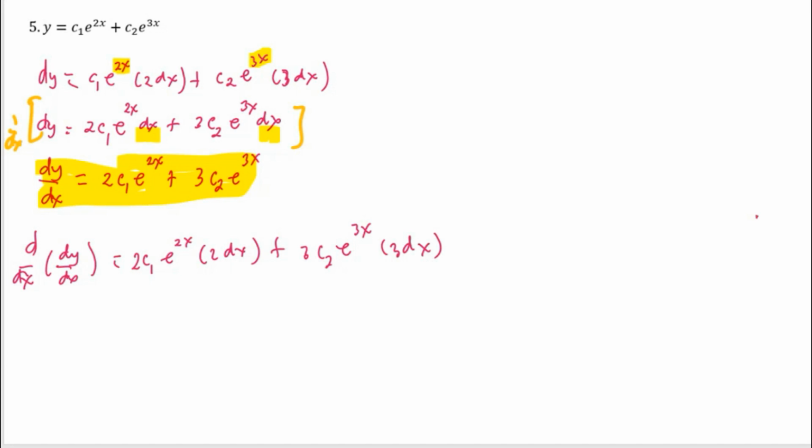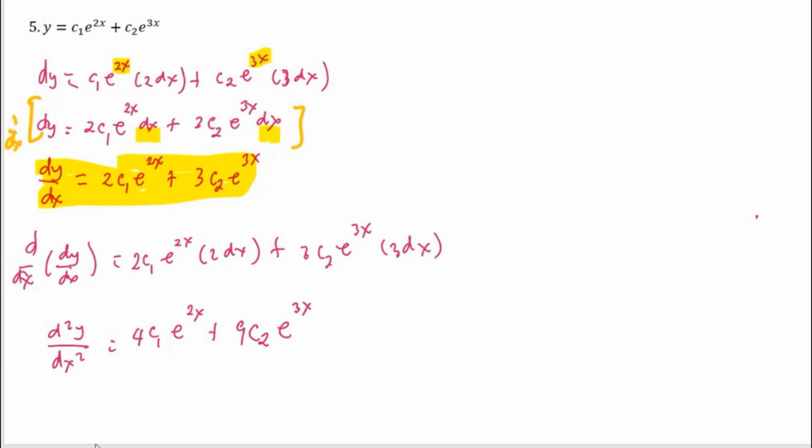Simplifying, the left hand side becomes d squared y over dx squared, which is equal to 2 times 2c1, so we have 4 c sub 1 of e raised to 2x, plus, on the second term, 3 times 3 is 9, so we have 9 of c sub 2 of e raised to 3x.